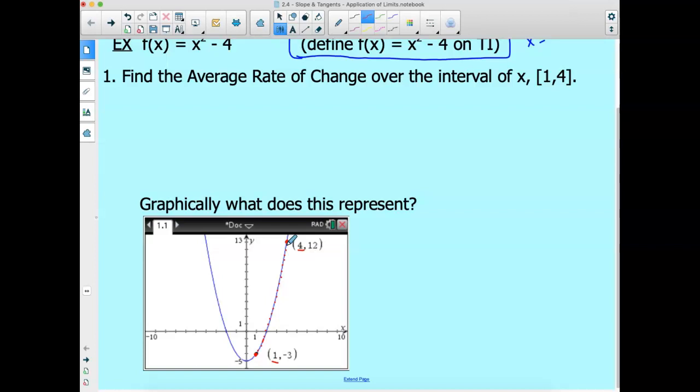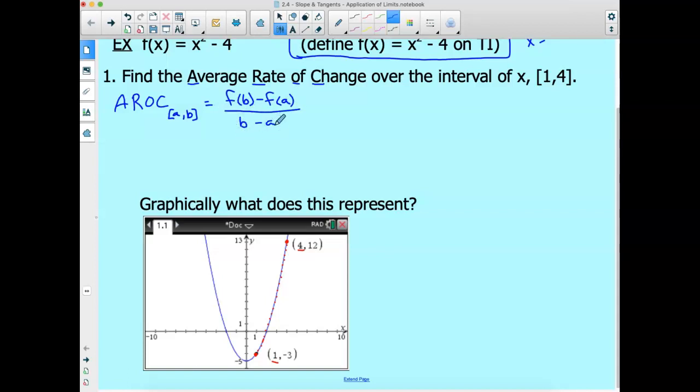It seems really wonky and crazy, but there's actually a very easy calculation to do this, and we've already done it. We have found numerous times in Algebra 2, you found some in pre-calc, we've done them this year already. We have already found the average rate of change, the AROC, on any interval from a to b, and we found that by saying f of b minus f of a over b minus a.